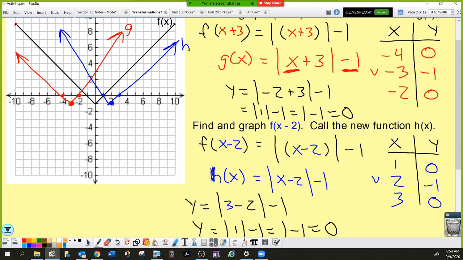Correct, I mean? It's almost as if inside changes are the opposite of what you wanted. But the outside changes that we saw on the last slide did exactly what we thought they would. +3 moved me up 3. -2 moved me down 2. So outside changes did exactly what I thought they should. And these inside changes seemed to do the opposite of what I thought they should. Isn't that interesting?